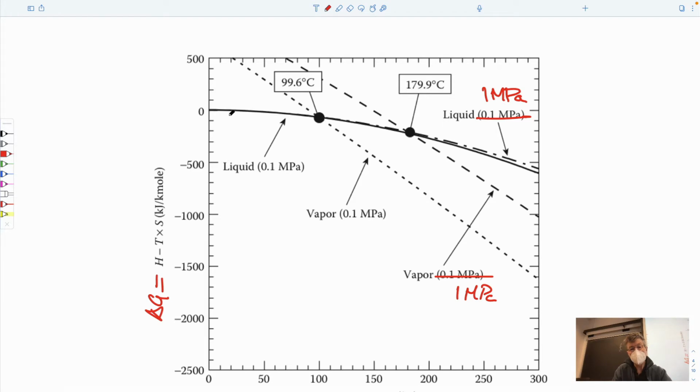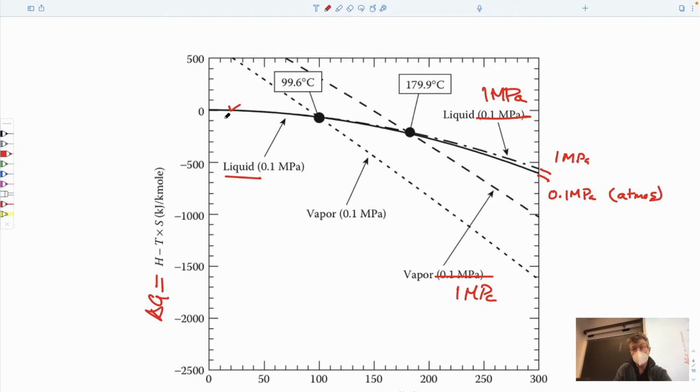And if you look at how it changes for a liquid, in this case, which is this curve here, which bifurcates into two here, one for 1 MPa on the top, and one for 0.1 MPa on the bottom. This is atmospheric, right? This is 1 bar, and this is 10 times atmospheric.